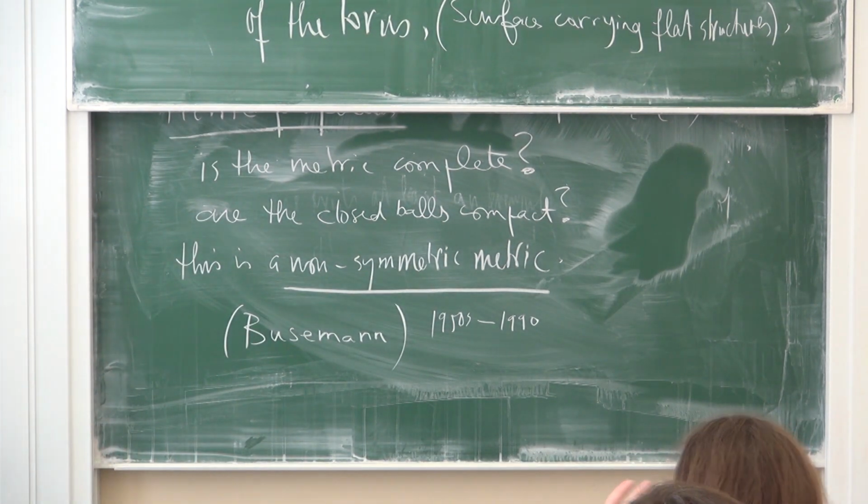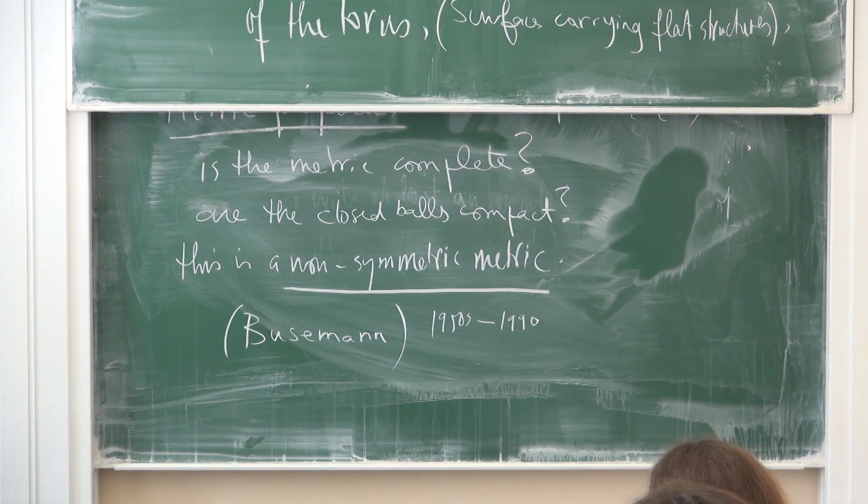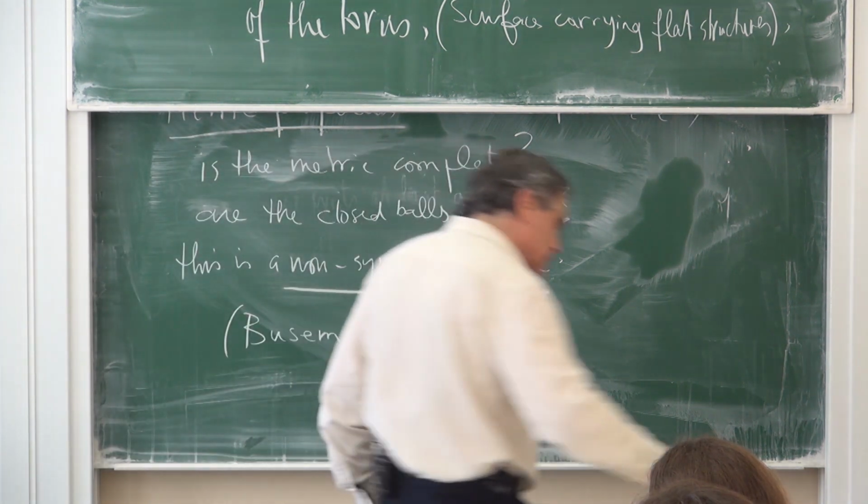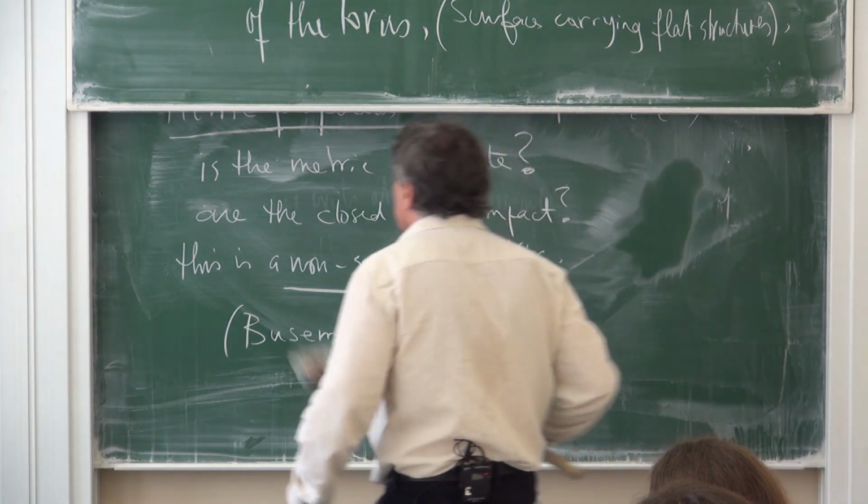You know Busemann, yes? This is the first American who got the Lobachevsky Prize, and he obtained it for his book, The Geometry of Geodesics, which is a marvelous book, in fact. So he dealt with non-symmetric metrics, and you see the problem with non-symmetric metrics like this Thurston metric.